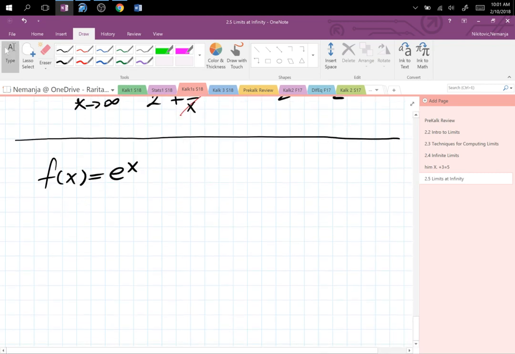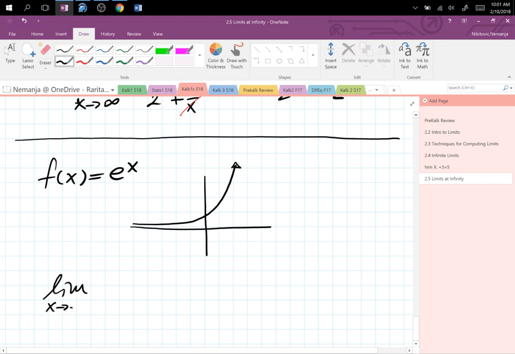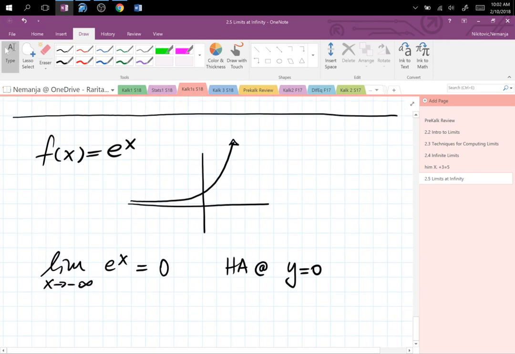Well, if you look at the graph, you have limit x goes to negative infinity of e to the x equal to 0, which is a horizontal asymptote at y equals 0. And you also have limit x goes to positive infinity of e to the x being positive infinity, which is what?